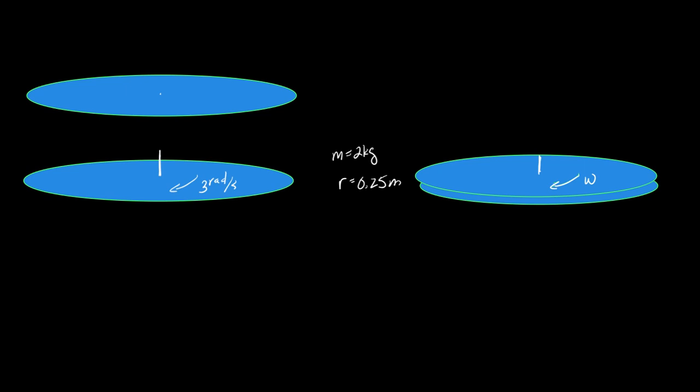All right, so there's not a lot to do here. You're going to treat this like a perfectly inelastic collision, but for something that's spinning. So we have just one disk spinning. So its angular momentum would just be whatever the moment of inertia of the disk is times its angular speed.